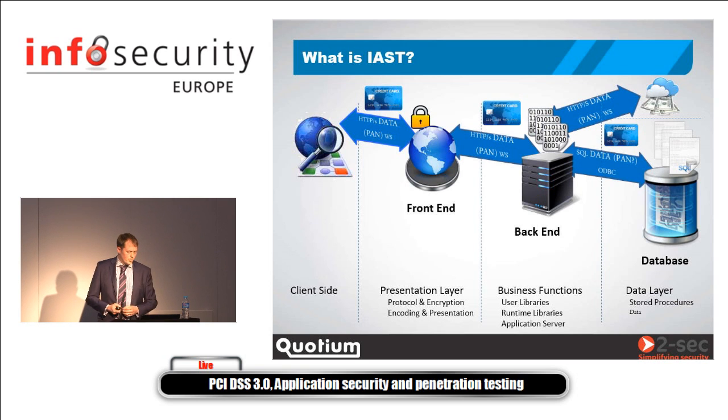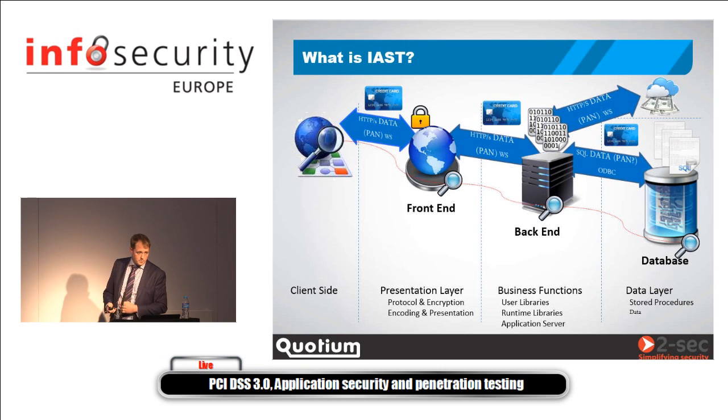So what we can do by implementing some sensors on all of the layers of the application, so some monitoring going on each tier, is track the data. So we can say, okay, we saw a personal account number in the case of a credit card. It made it through encrypted and it was never stored in a decrypted fashion all the way to the back end. And then maybe we went off to a tokenization service or to a database or something like that.